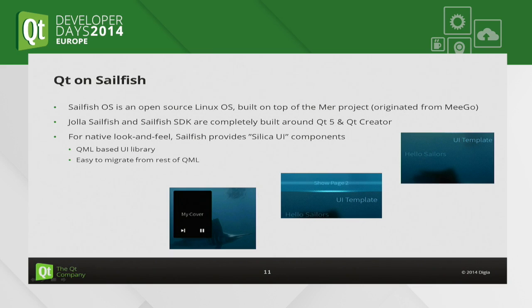For instance, their menus are like these pulley menus, and they behave quite differently than on other platforms. They provide these covers for the desktop that are actually live applications and these kinds of things.